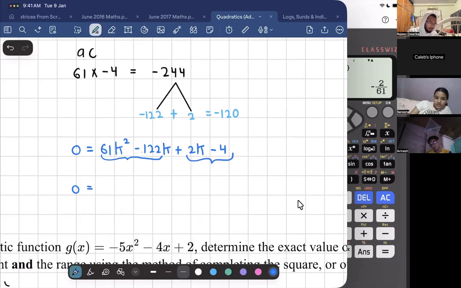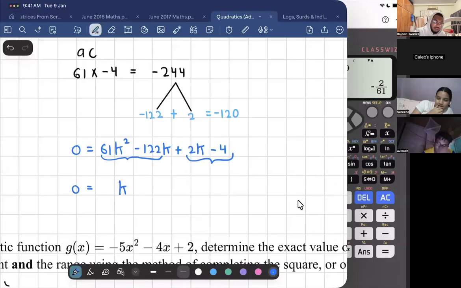So do you see anything in common between 61k squared and -122k? You're seeing k is common, and then 61.